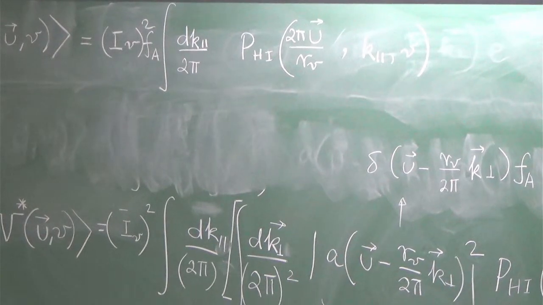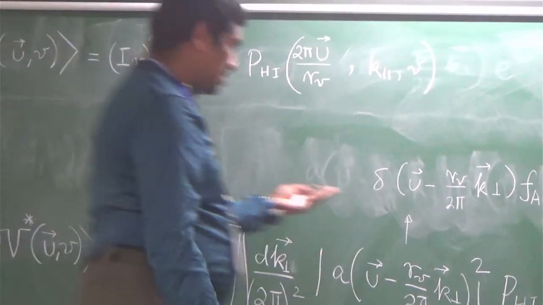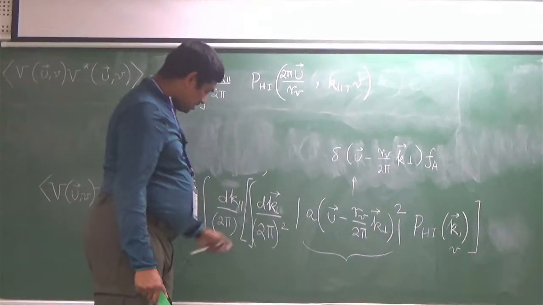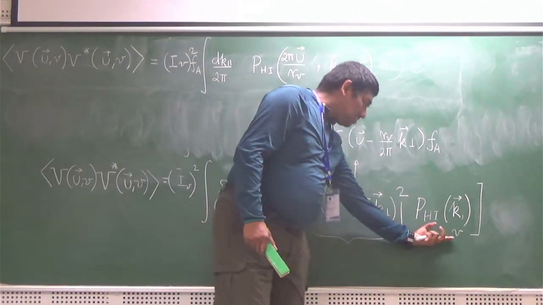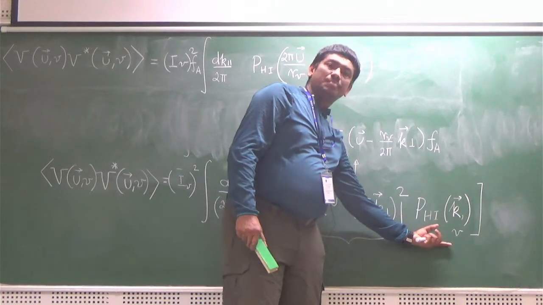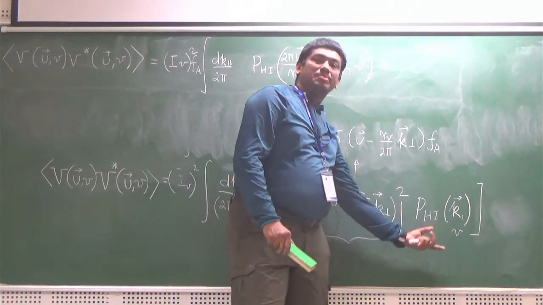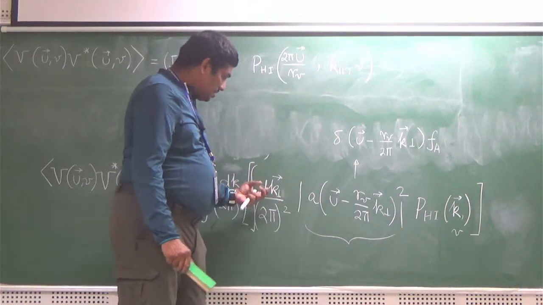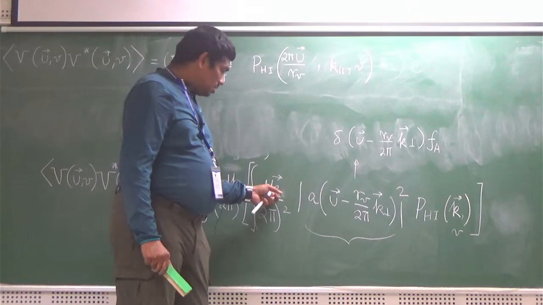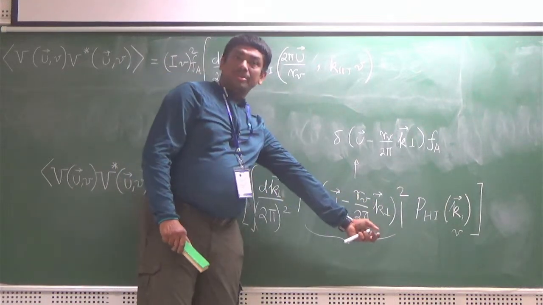If you don't want to do this approximation, at least you can see from the thing in the square bracket that there is a function which is a function of k perpendicular, right? It's a function of k parallel and mu, but it's a function of k perpendicular. And then I have an integral over k perpendicular with something minus k perpendicular.